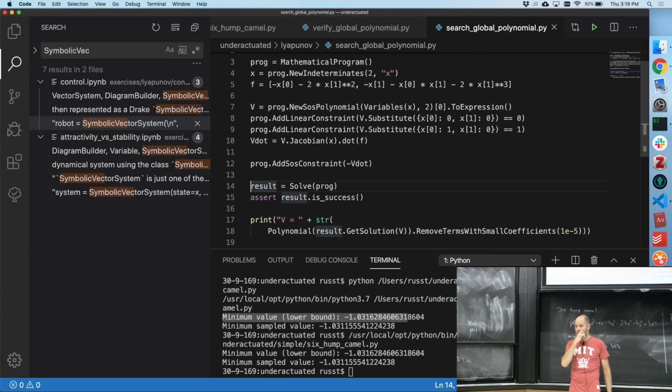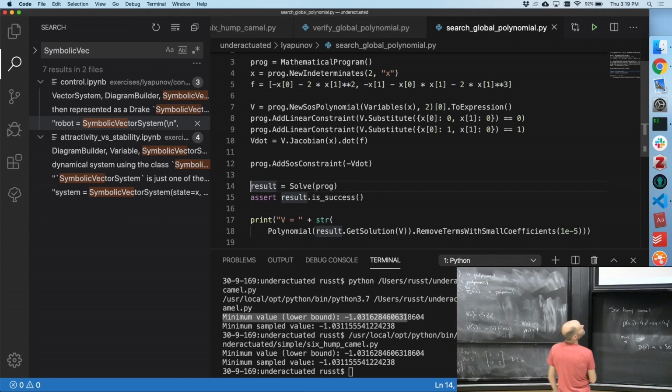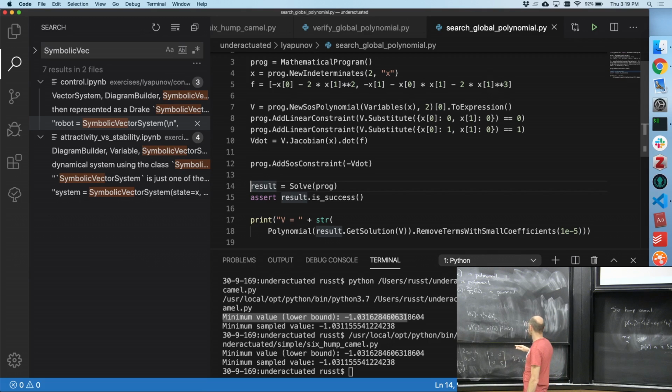What part of this guarantees that the function is radially unbounded? So for instance, I will typically write that V of x is sums of squares, but I say V of x is a little bit greater than alpha times x squared.